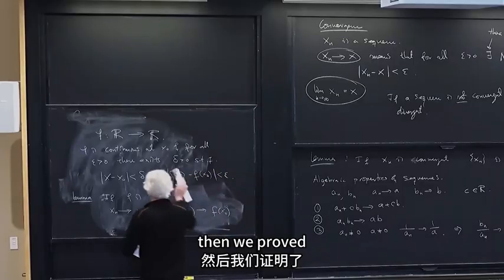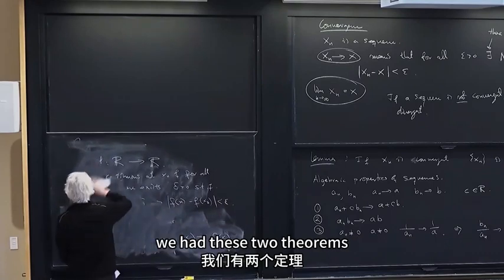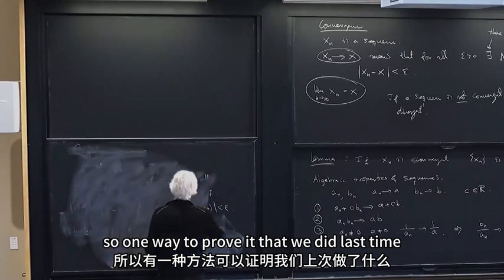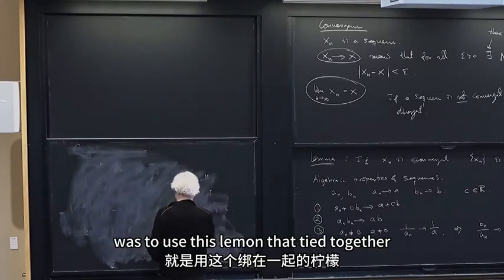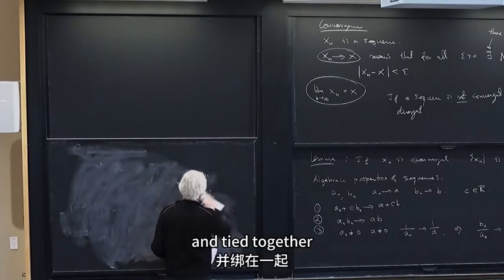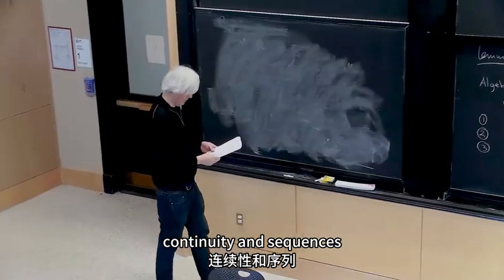Then we proved the extreme value theorem and the intermediate value theorem. We had these 2 theorems, and one way to prove them that we did last time was to use this lemma that tied together continuity and sequences.